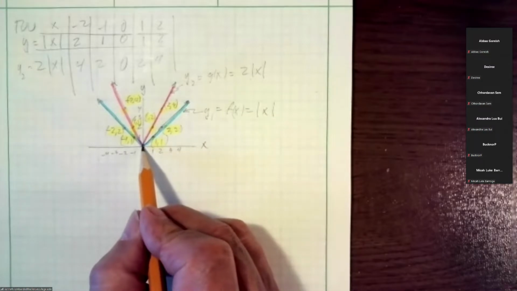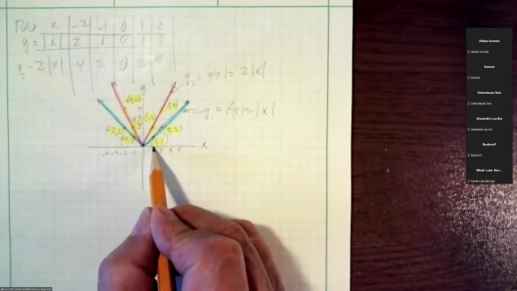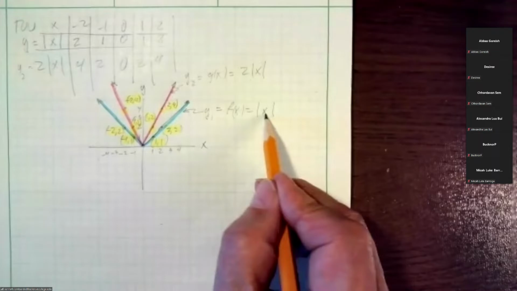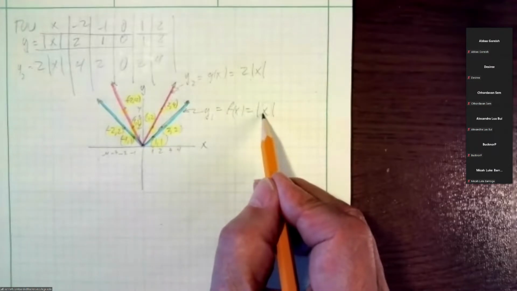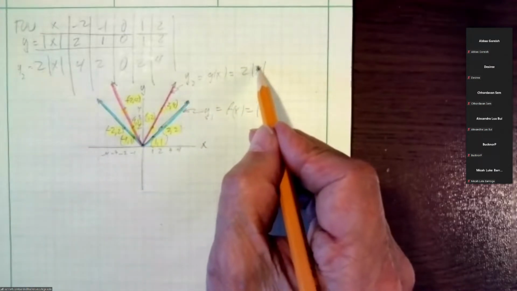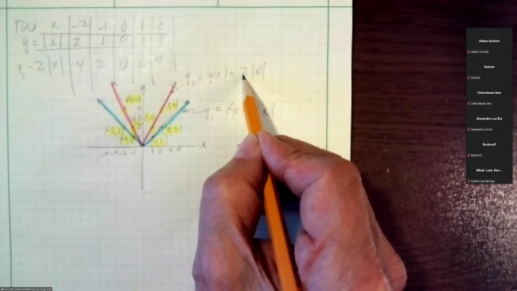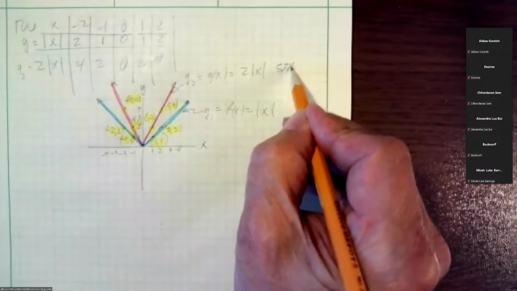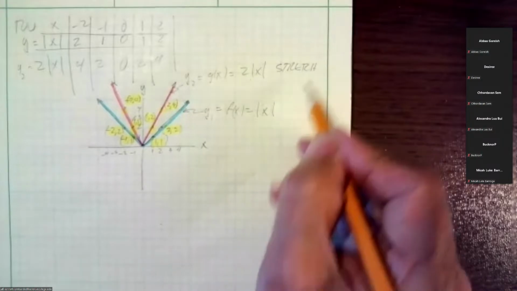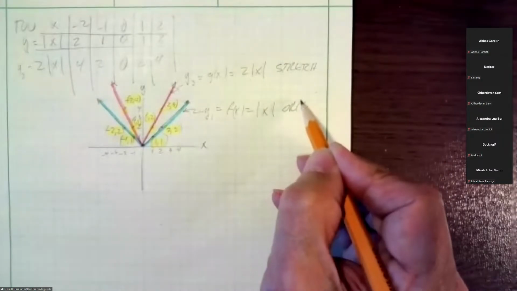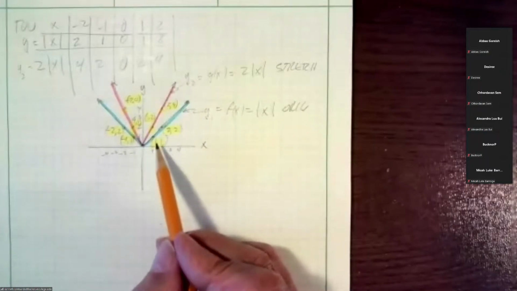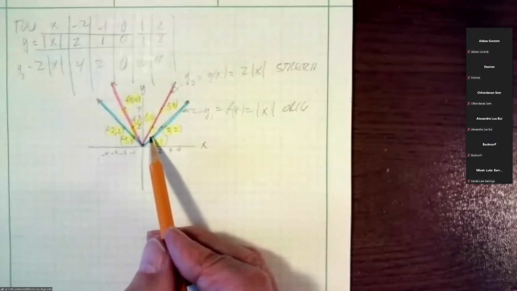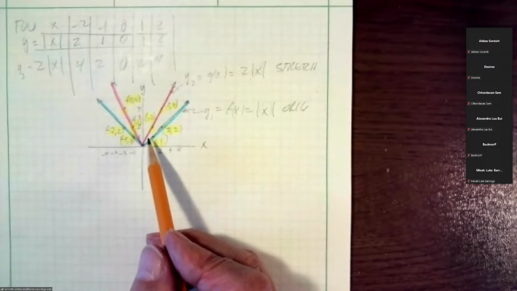You'll notice that in the first case, we go over 1 and up 1 because we're just substituting a 1 in here. In the second case, when we substituted a 1, we multiply it by 2. So we're stretching in the vertical direction. This is the stretch. So here's the original, and when we stretch it, we increase the vertical distance. So that's what we mean by stretching.